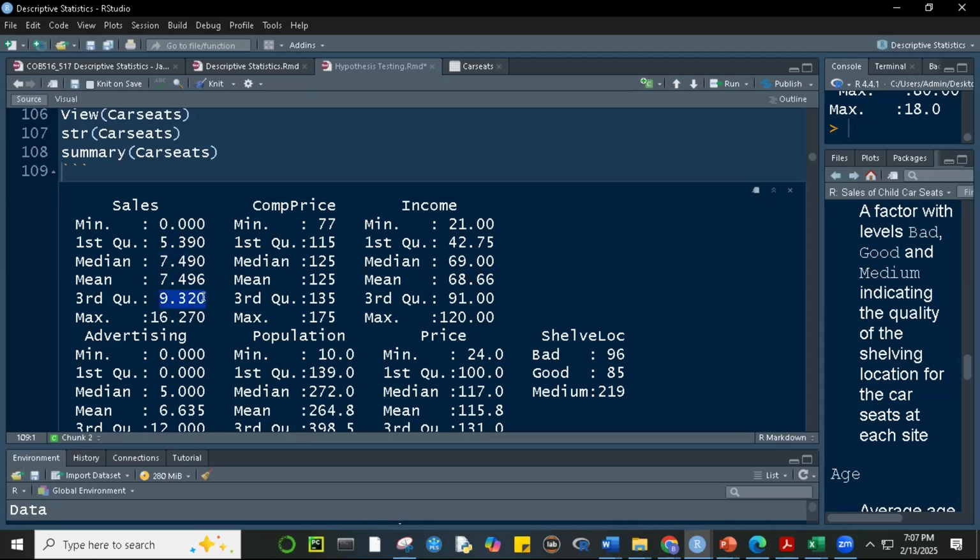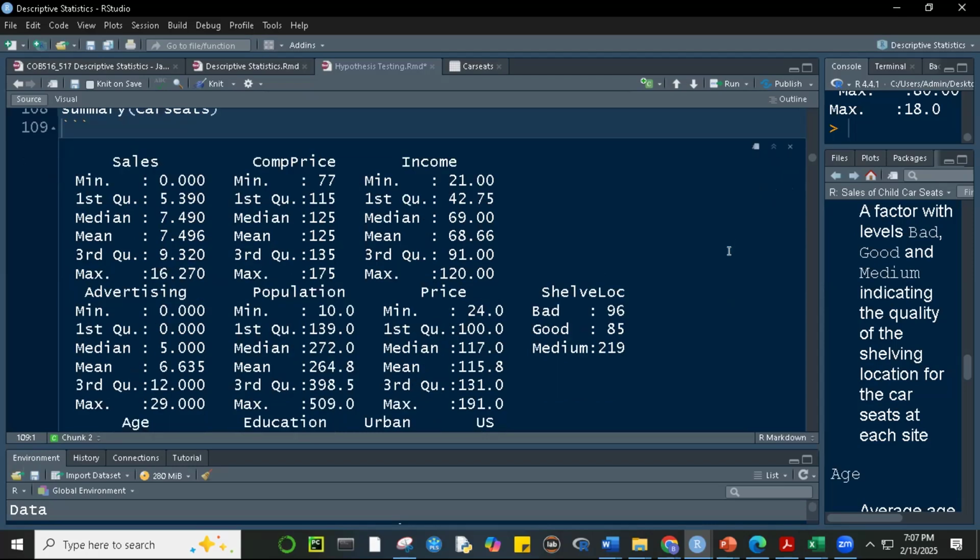Third quartile, 9.32, means that 75% of your data is below 9.32, and 25% are above it. So for your quantitative variables, whether sales, competitor price, etc., you get the 6-number summaries.